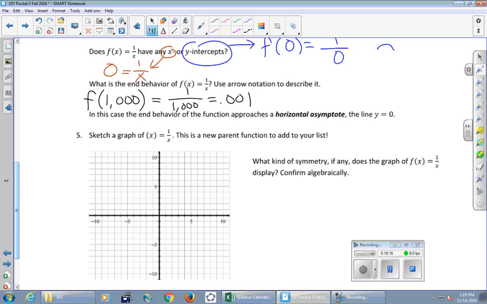Let's pick a bigger number. F of 100,000, which is really 1 over 100,000, which is 0.00001. Do I have that right?